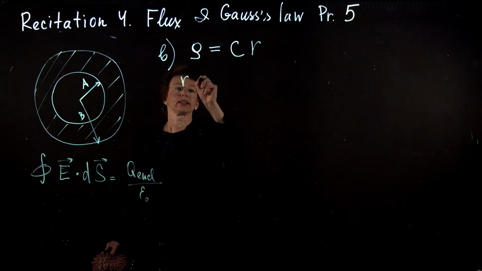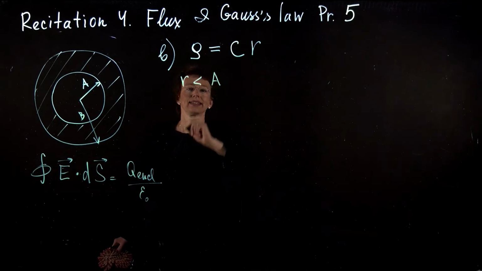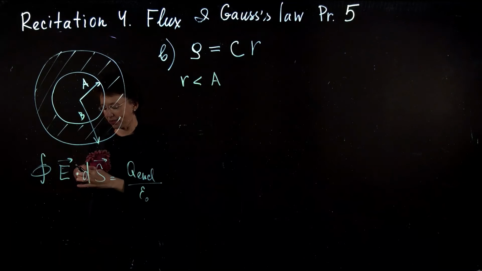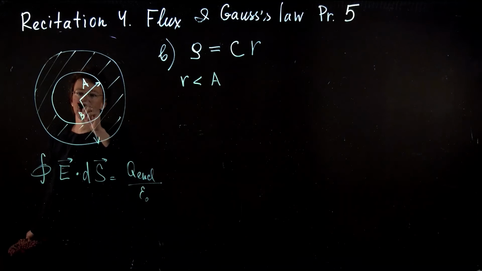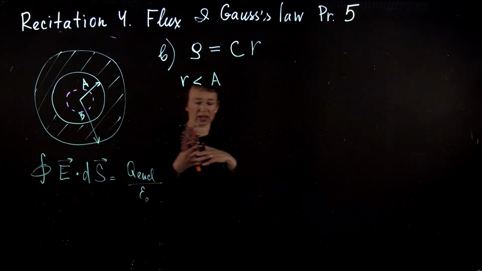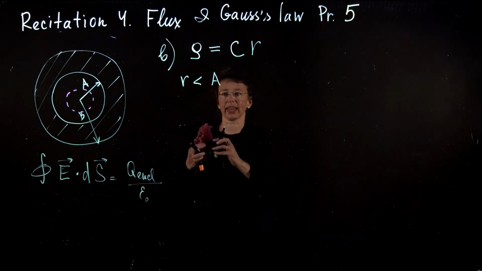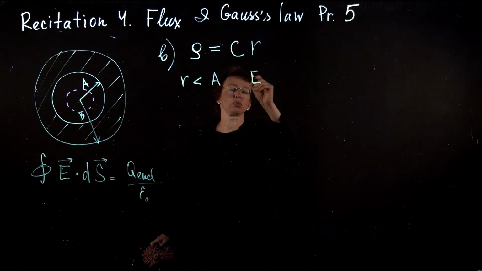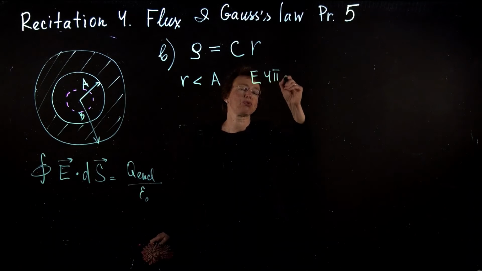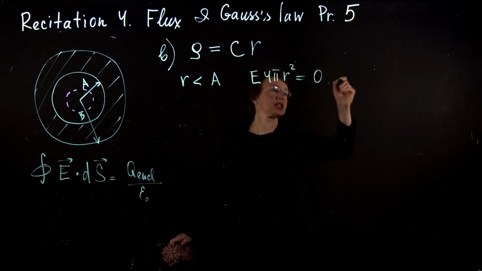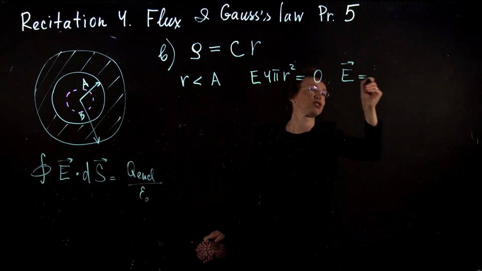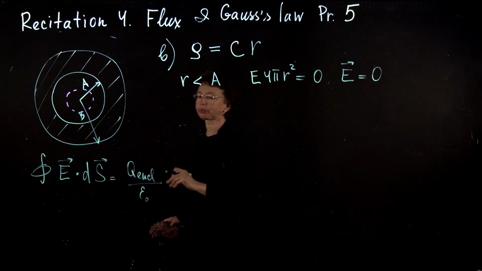For R less than A, we will consider this Gaussian surface. We have spherical symmetry, so I have a sphere with R less than A. The left-hand side will be E times 4 pi R squared. Charge enclosed is 0, so the electric field is 0.